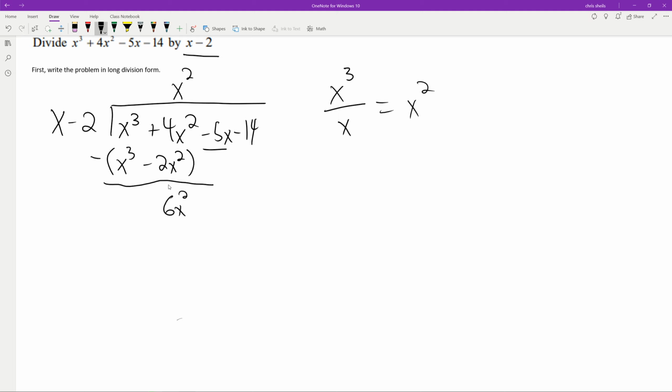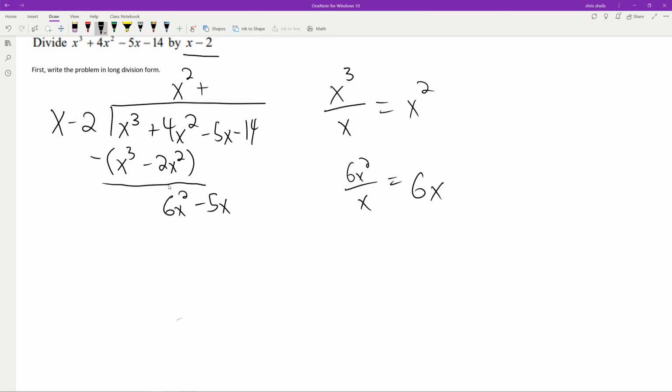Now I bring this next term with its sign down. So I bring down negative 5x. Oh, sorry, I didn't mean to erase that line. Now I ask myself, how many times does x go into 6x squared? Or in other words, what is 6x squared divided by x? Well, this is 6x.